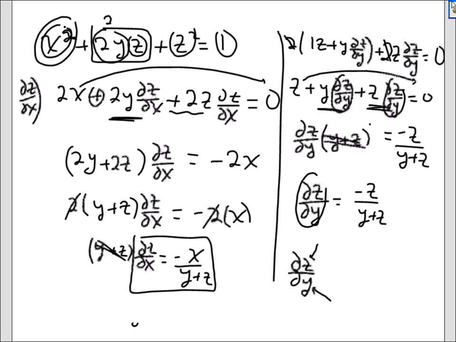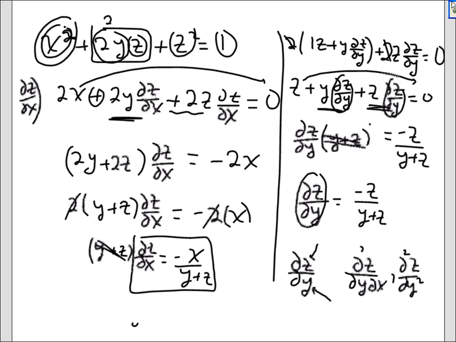These are called the single partials. The double partials, if they asked us to find, a double partial would have two things on the bottom, like maybe dx as well, or partial z over partial y times, again, partial y, which is just denoted partial y squared.